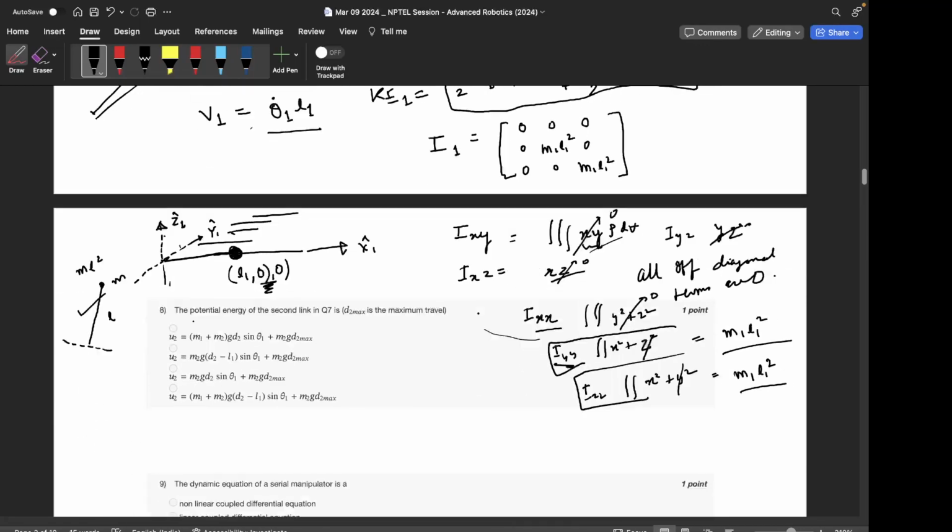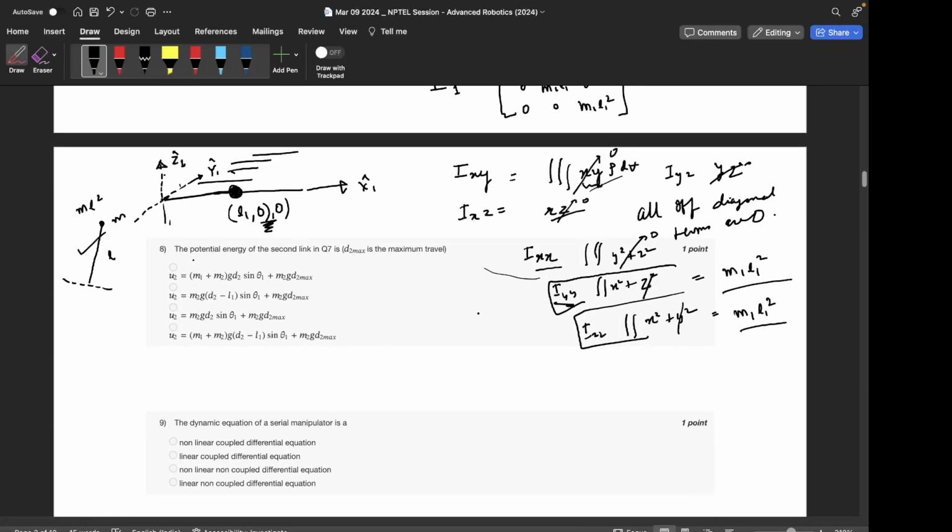All right, so the next part of the question, question 8, is the potential energy of the second link. Whenever you are writing potential energy for any system, the first thought which should come to your mind is where is my reference, right?